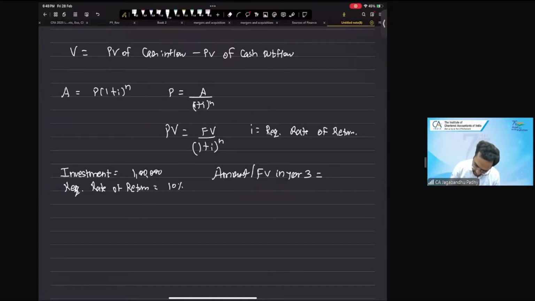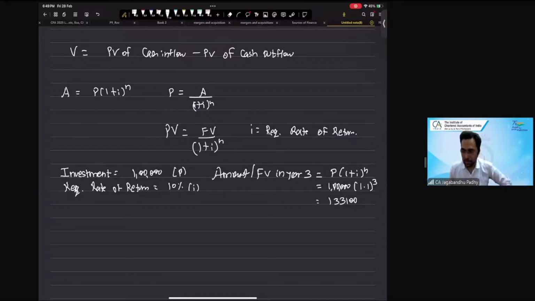Can we simply calculate it as principal into (1 plus I) raised to N? So this is principal and this is I. So this is principal, which is 1 lakh, into (1 plus I), that's 1.1 raised to 3. So that's 1,33,100.